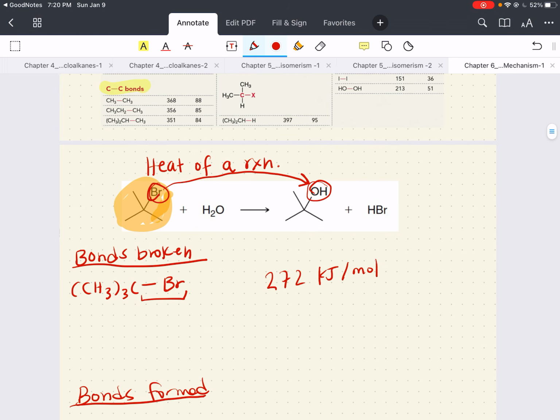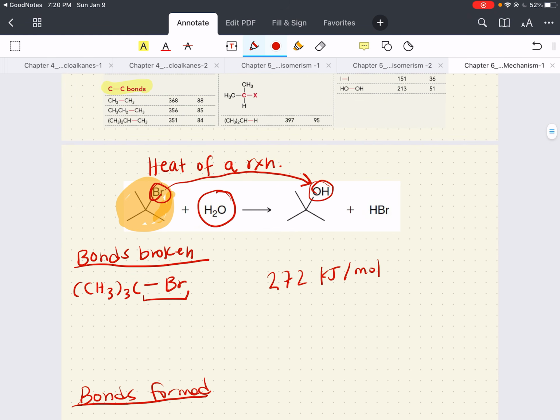Now, what else is broken is this water molecule right here. We lose a hydrogen. We lose an alcohol group. What's completely lost is this whole alcohol group, and it's replaced by a bromine. So the OH in water is broken off. Now, the value for this is 498 kilojoules per mole. So these are the bonds that are broken.